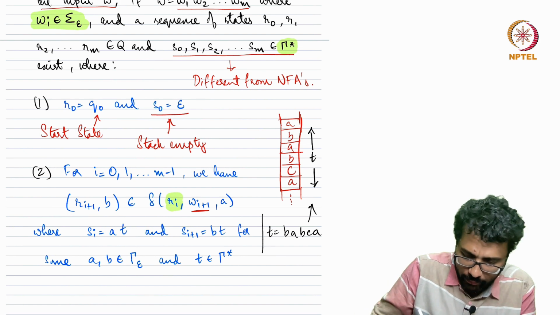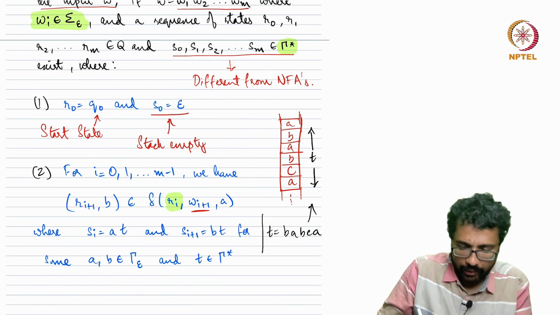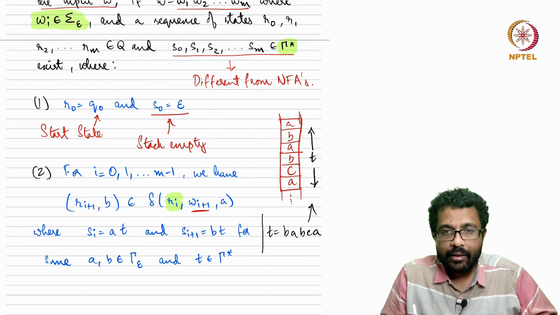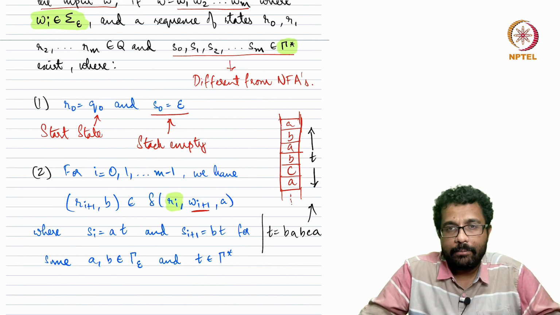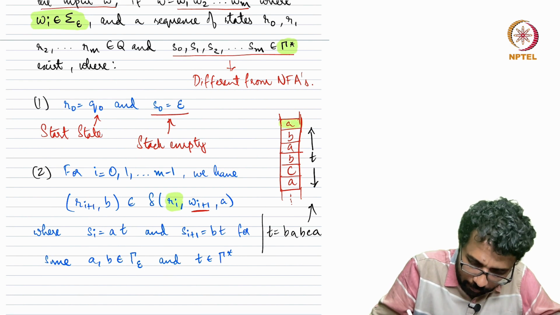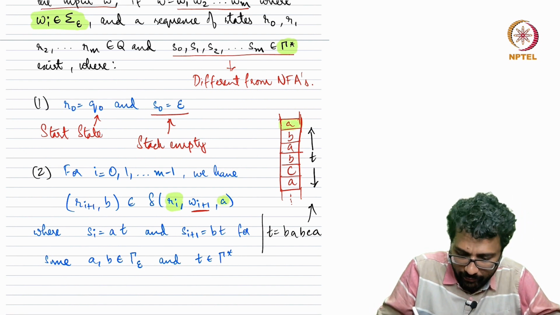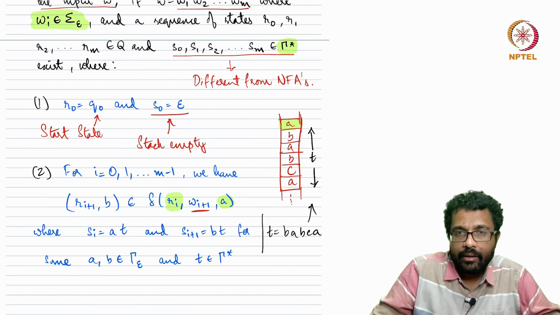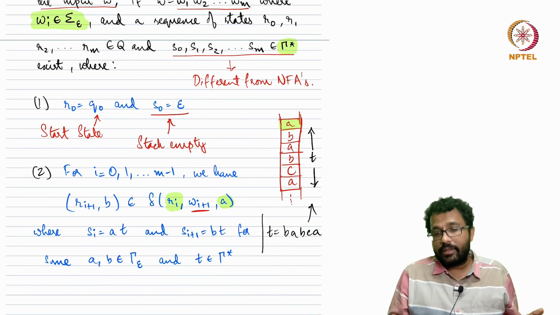So at this point you are at state Ri, the next symbol of the input is Wi plus 1, and the top of the stack is A. That's how we have Ri, Wi plus 1 and A, and then there could be multiple rules corresponding to this.